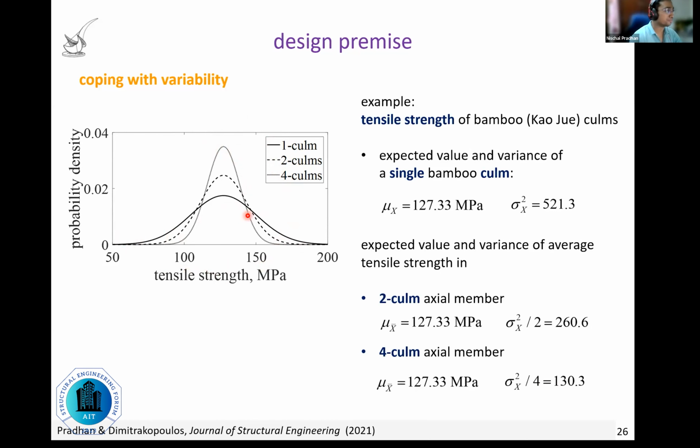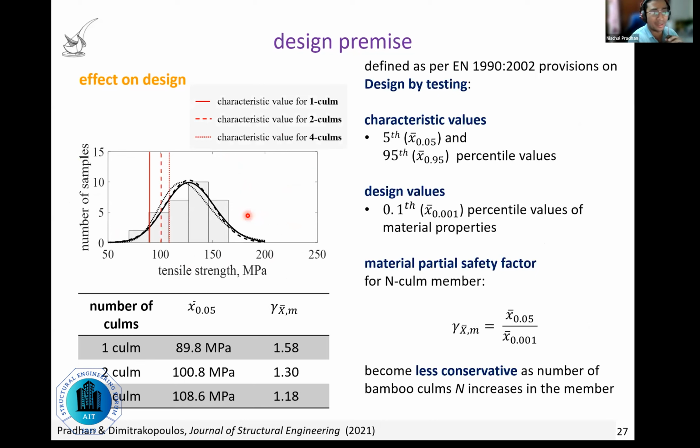This has a very important ramification in design. In particular, the characteristic values, which refer to the 5th and 95th percentiles, the design values, which refer to the 0.1th percentile, and the material partial safety factor, all become less conservative as we start adding more columns to the axial member.